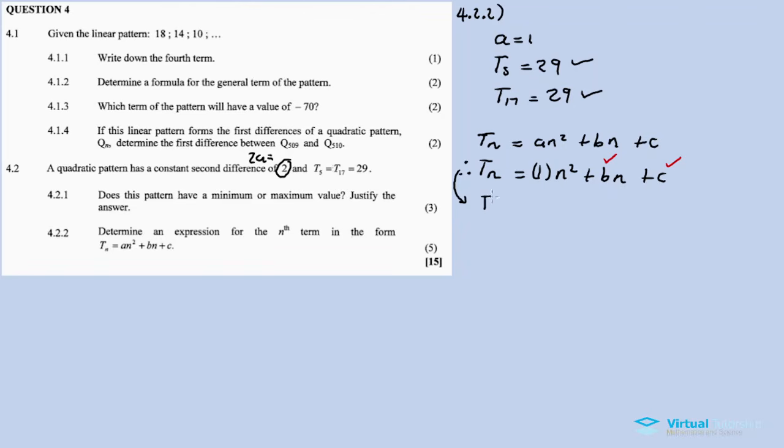So t5 equals 1 times n squared, where n is 5, so it's 5 squared plus b times 5 plus c.